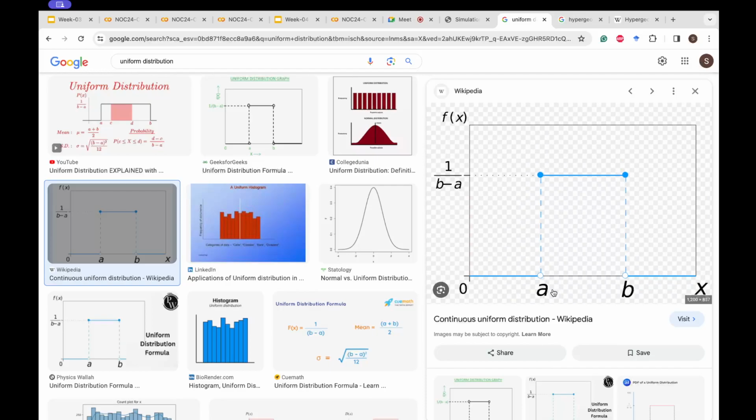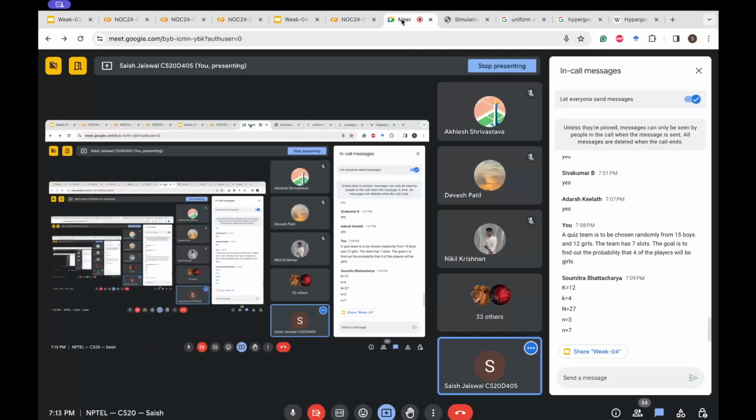And say height is h, so it will be h into B minus A, that is area of rectangle, equal to 1. So h equal to 1 upon B minus A. Is that clear? Is it clear why that value is 1 upon B minus A?